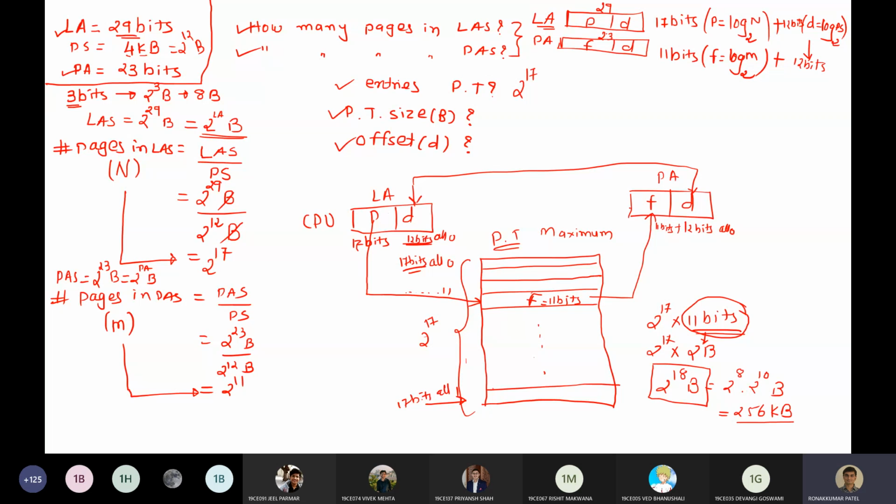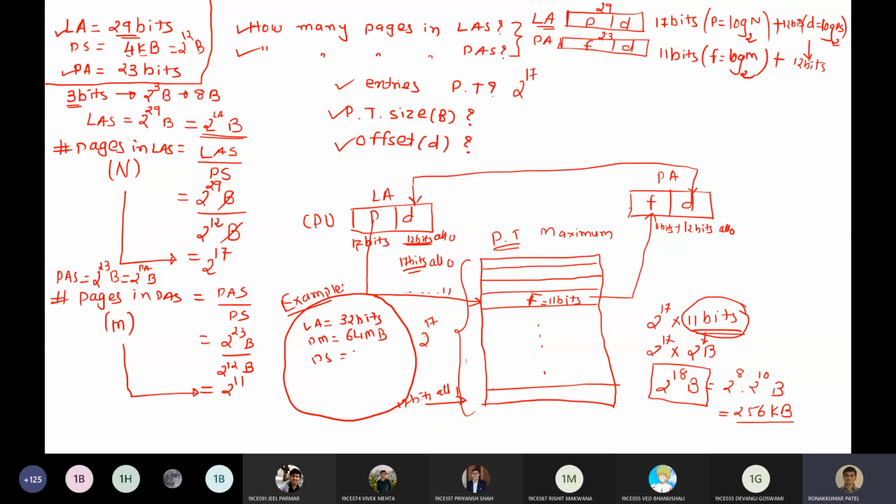Just take a note of this. This is the example that you need to solve and come with in the next lecture: your logical address, or you can say virtual address, is 32 bits, and your physical memory is 64 MB.